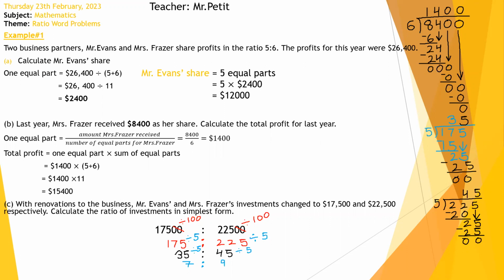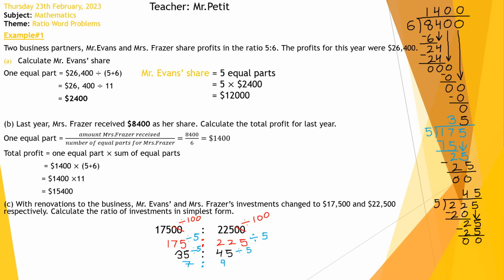Part C. With renovations to the business, Mr. Evans and Mrs. Fraser's investment changed to 17,500 and 22,500 respectively. Calculate the ratio of investment in simplest form. We have to break it down to find the simplest form. We can divide each by 100.